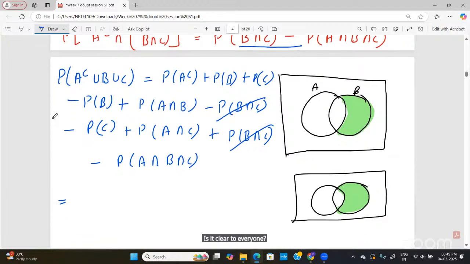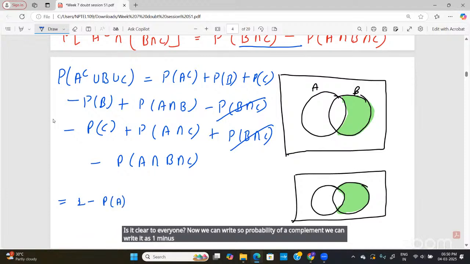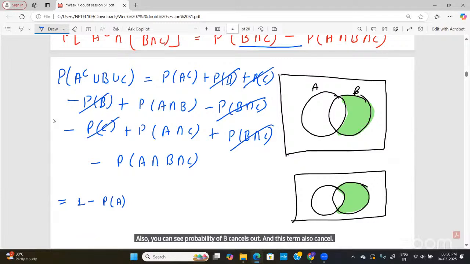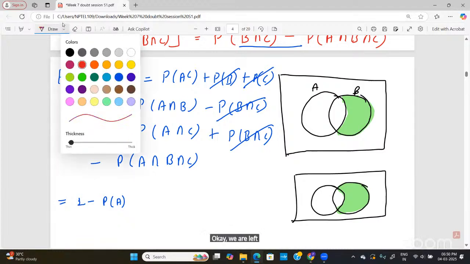Now probability of A complement, we can write as 1 minus probability of A. Also, you can see probability of B cancels out and this term also cancels. We are left with only these terms.